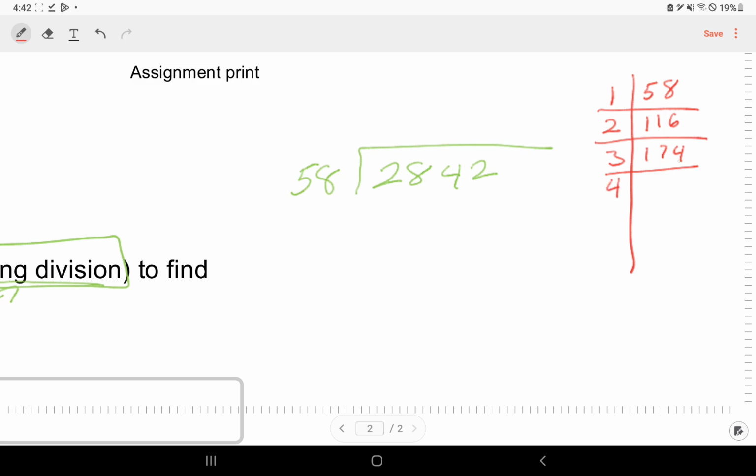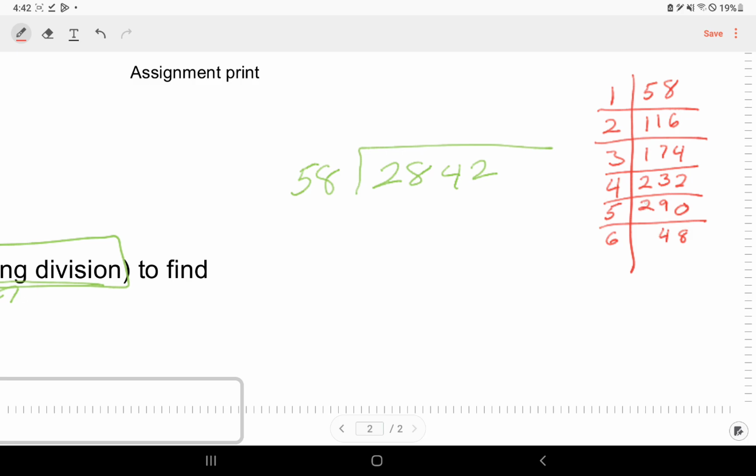And then 8 and 4 is 12, carry 1. 1 and 7 is 8, and 5 is 13, carry 1. 1 and 1 is 2. 8 and 2 is 10, carry 1. 1 and 3 is 4, and 5 is 9, so 290. 8 and 0 is 8. 5 and 9 is 14.